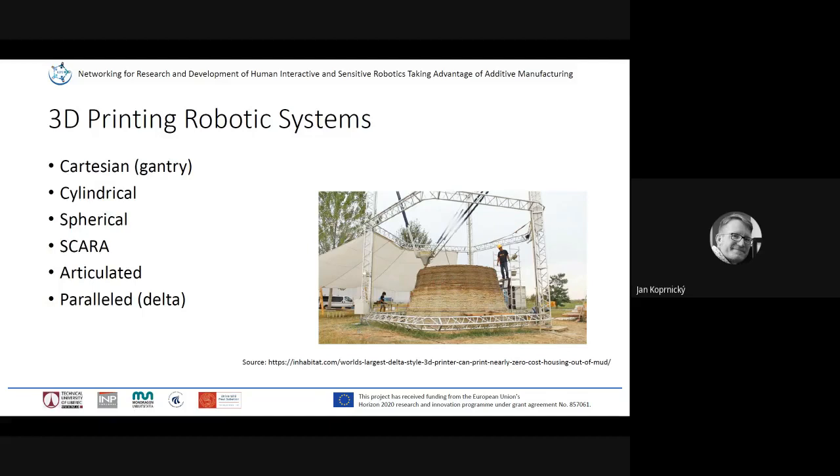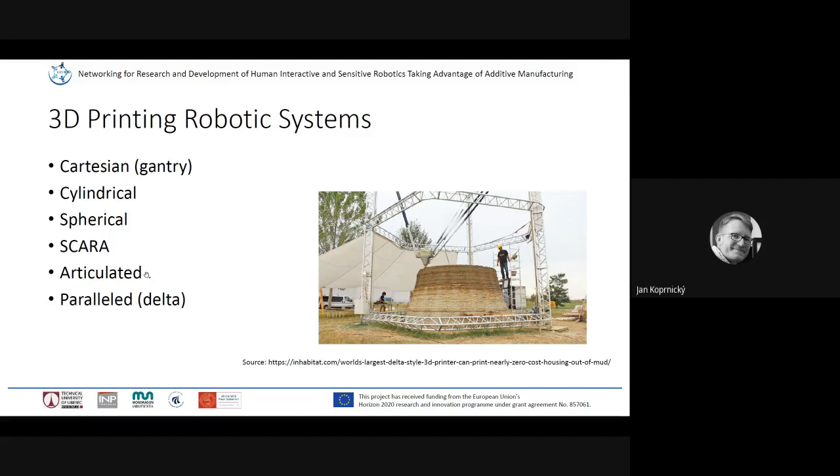Well, we presented a specific construction, but in public, what you can meet mostly are standard constructions in XL scale. So you can meet Cartesian robotic systems used as 3D printers, or cylindrical or spherical or SCARA or extended SCARA systems.